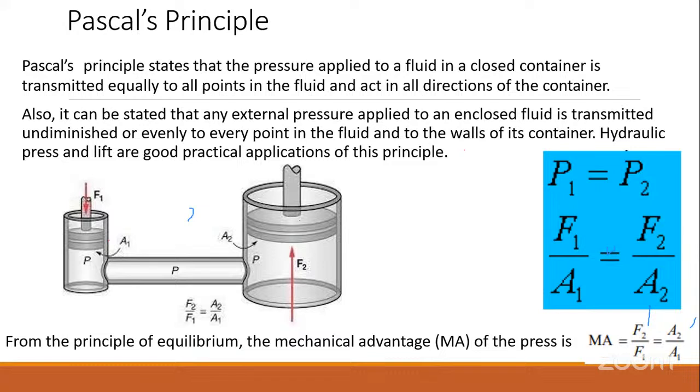We can also state it as: when external pressure is applied to an enclosed fluid, the pressure is transmitted undiminished or evenly to every point in the fluid and to the walls of its container. This is the principle applied to the hydraulic press and lift or elevator.